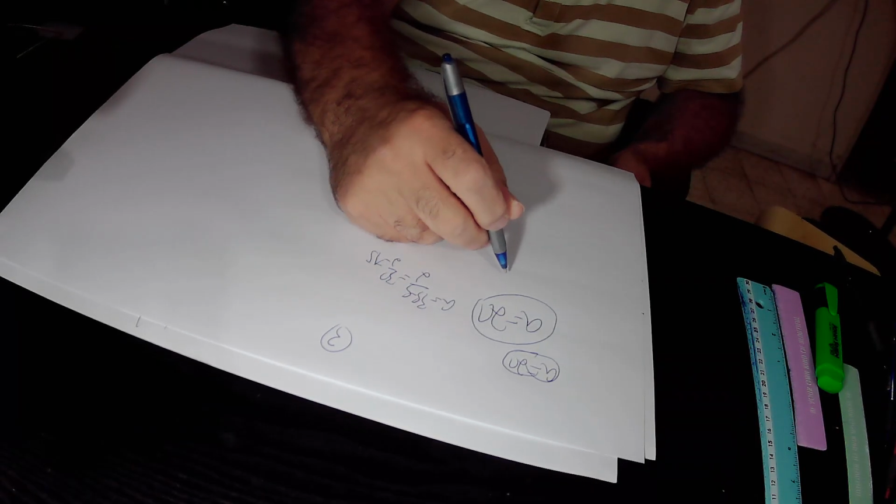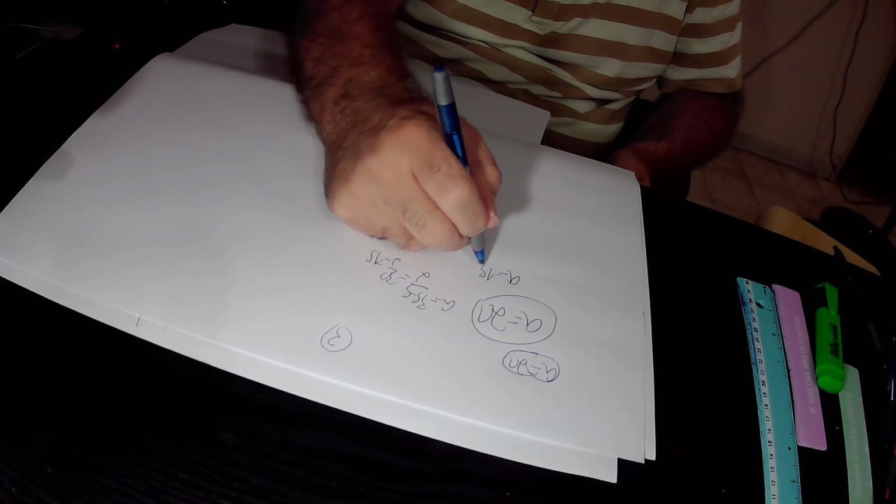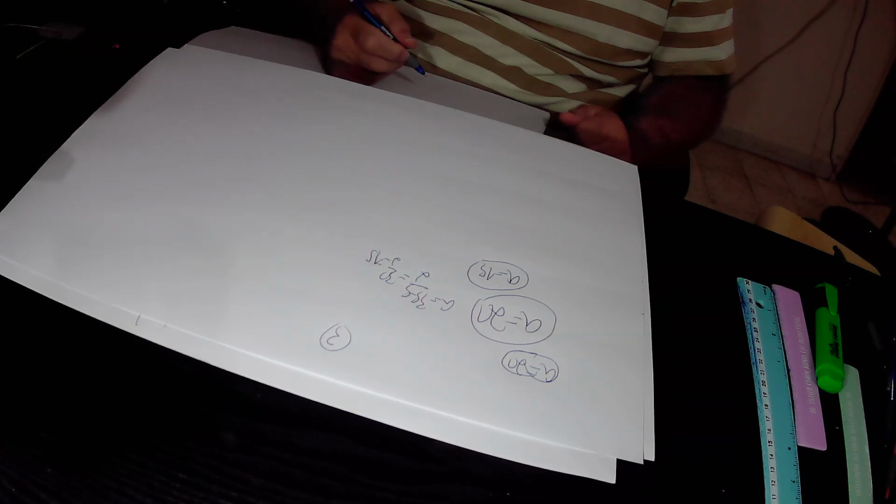So the second solution for a is that a equals 15. So a equals either 15 or 20. We have two solutions for a.